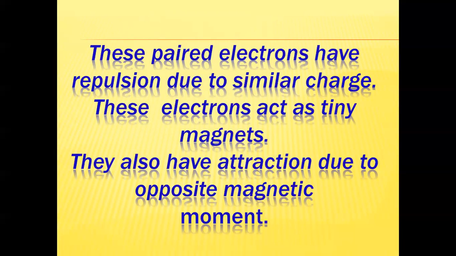And since electrons belonging to the same orbital will produce the same magnetic moment with opposite sign, there will be some force of attraction between these two electrons due to opposite magnetic moment.